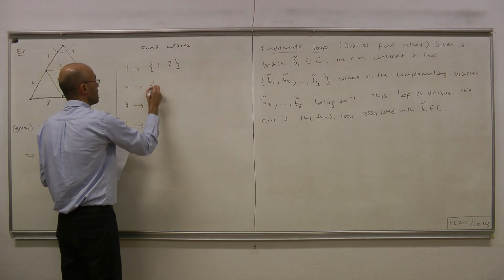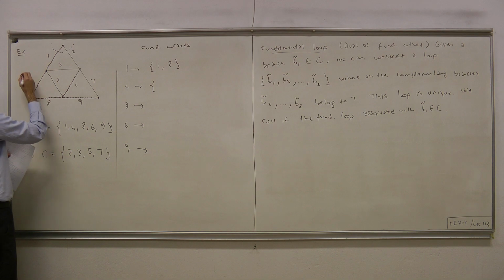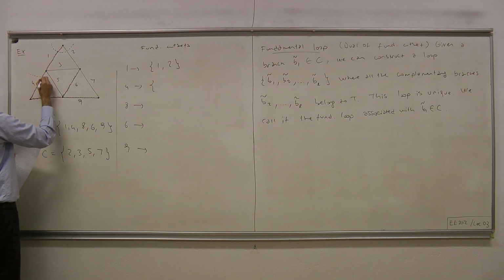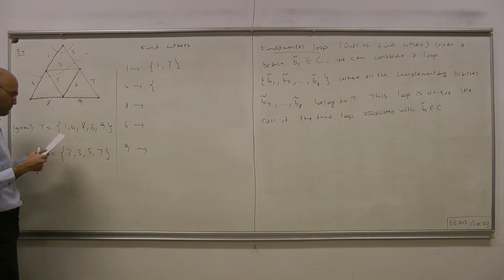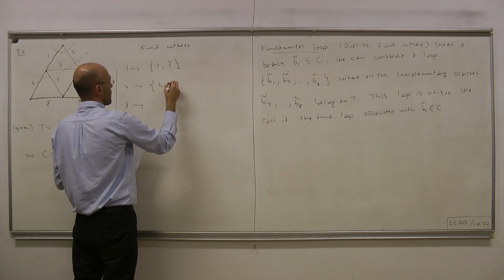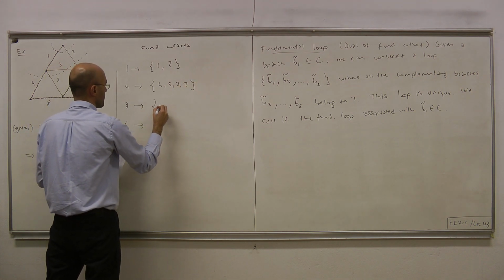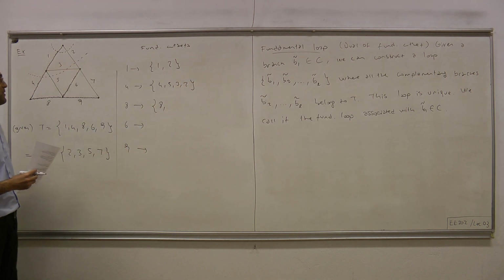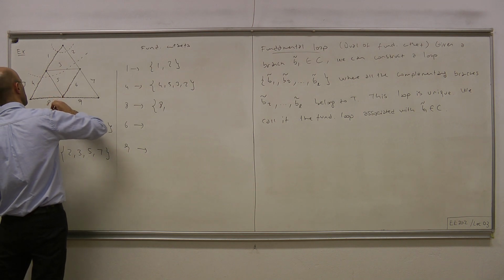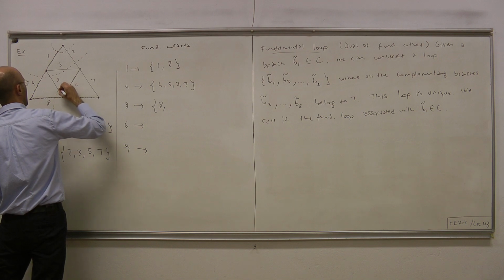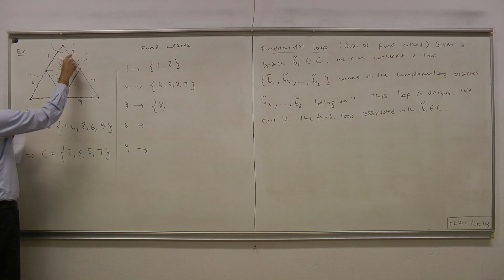Now, with tree branch 4, we have this: 4, 5, 3, and 2. The cut set associated to 8 is this: 8, 5, 3, and 2.